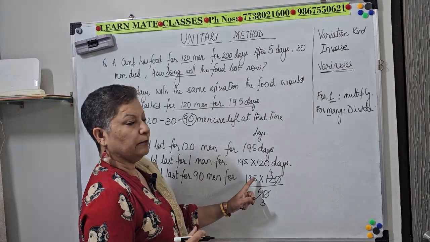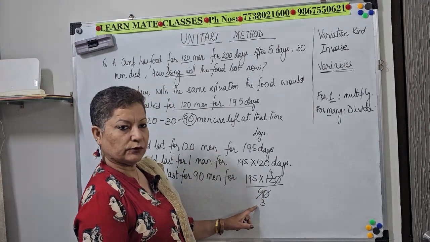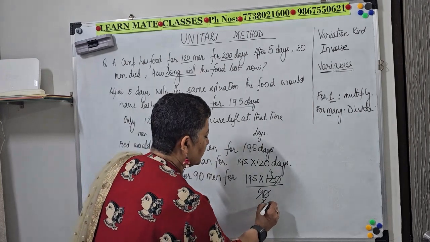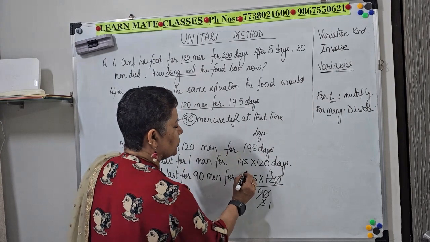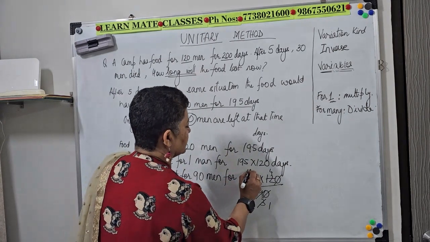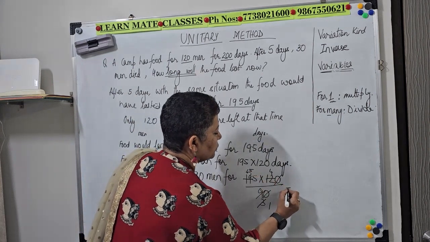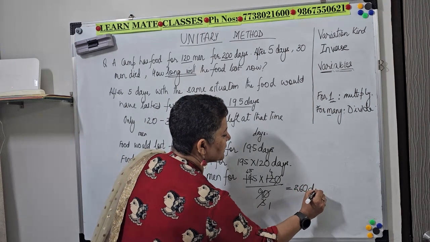1 plus 9, 10 plus 5, 15. The sum of the digits is divisible by 3. So, this is also going to be divisible by 3. When I divide 19 by 3, I get 6 with a balance of 1. In 15, 3 goes 5 times. So, it's 65 into 4, which is nothing but 260 days. Is that okay?